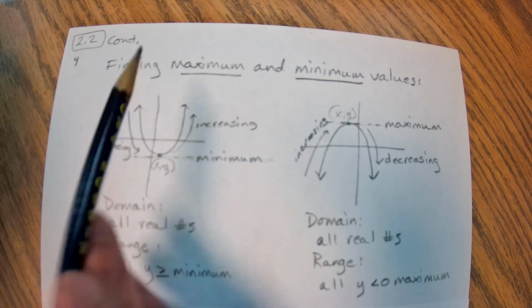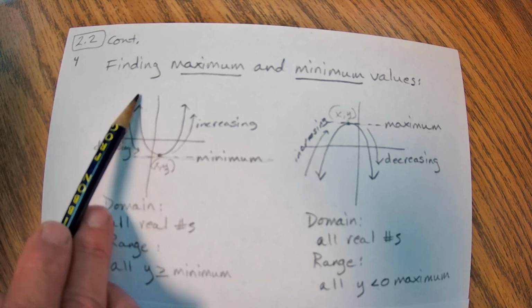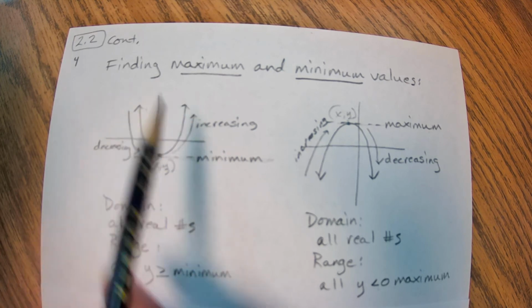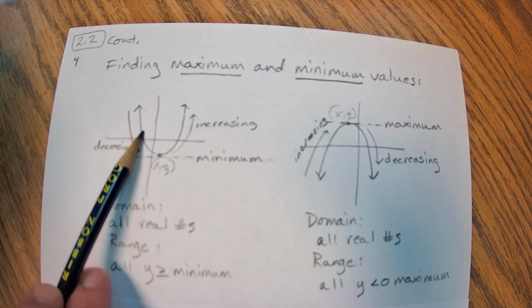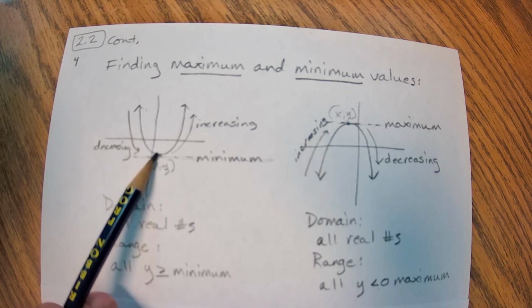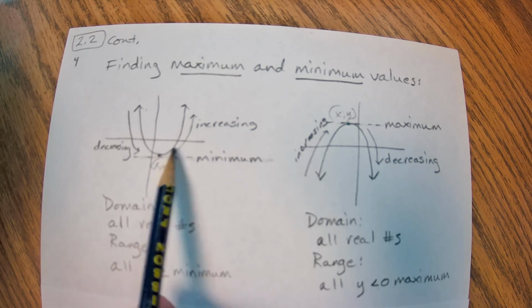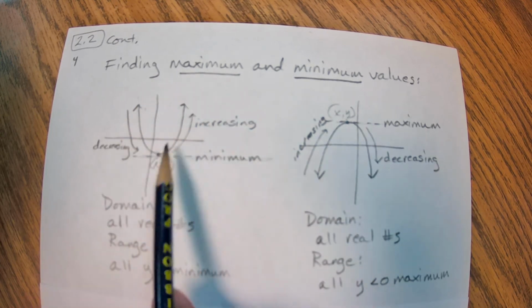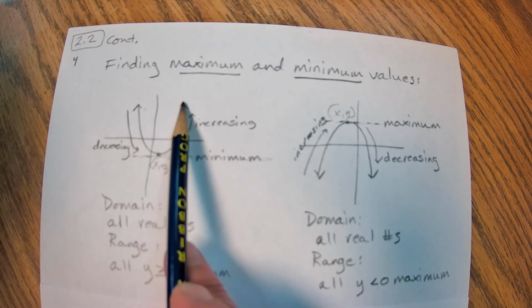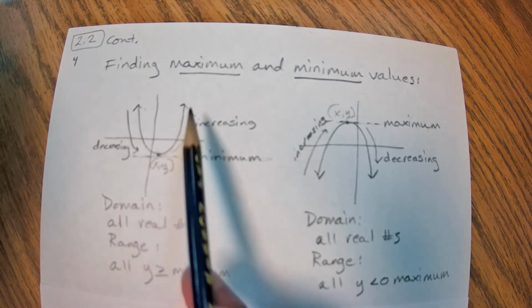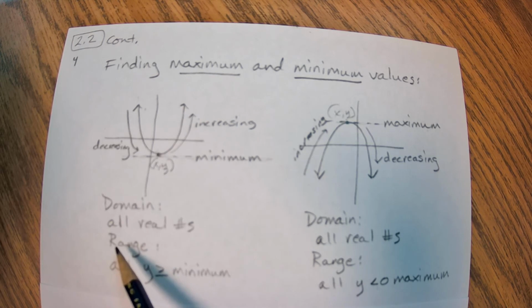And this ladybug's going to be walking along the graph. So you can see that the ladybug would be going down, in other words, decreasing, until you reach this point right here. And then once you get to the vertex and keep going towards positive infinity, that graph is increasing. The ladybug is climbing up.